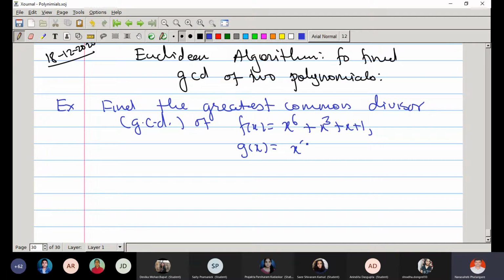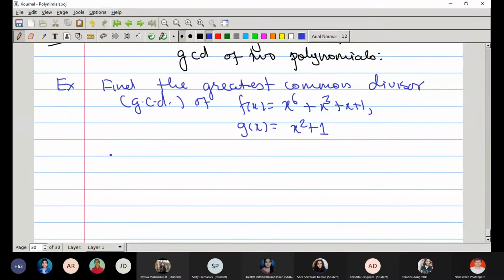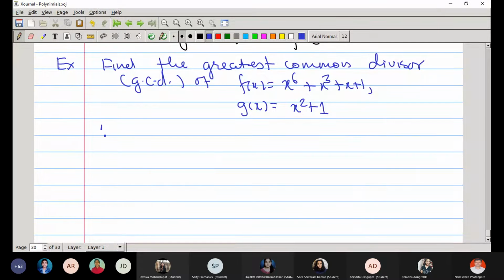Now we want to find GCD, means the first step is to find Q and R, quotient and remainder, when we divide f(x) by g(x). How to divide? By synthetic division or long division.